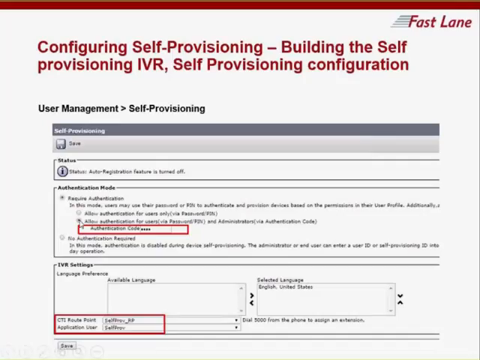There are two options. Allow authentication for users with user's PIN. If you tick that, the users will be asked for their self-service ID, which I said before is their telephone number, but also their PIN. However, if you tick the second option, it means the users can put in their PIN, or we can have an administrative override code.